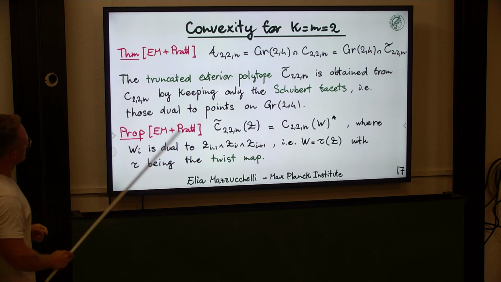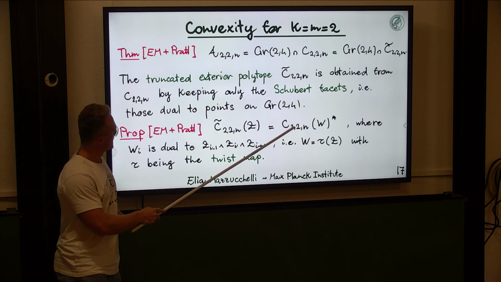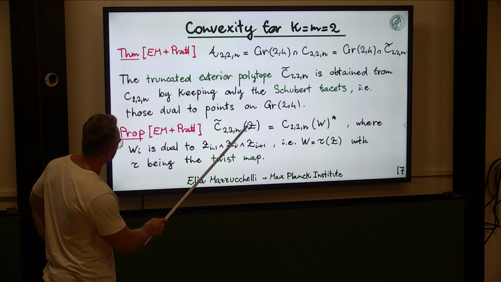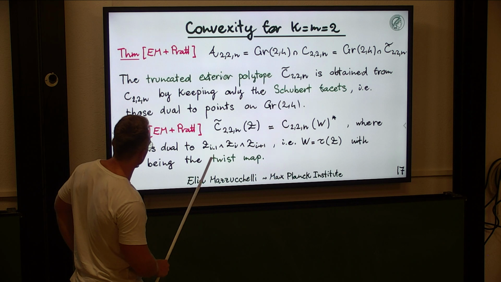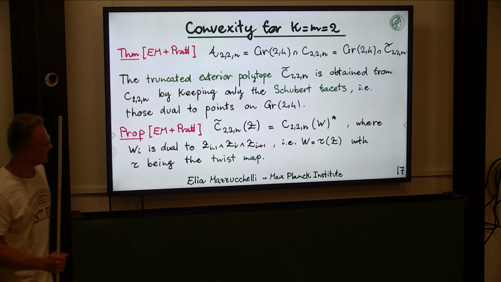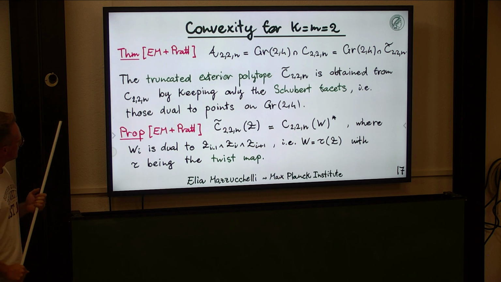And this C tilde polytope is somehow related to the dual of the exterior cyclic polytope, where it intertwines with what is known as the twist map. This twist map was defined by Fomin and Zelevinsky, I think first in the context of cluster algebras.